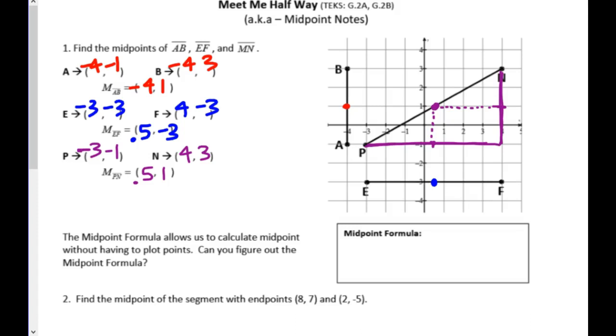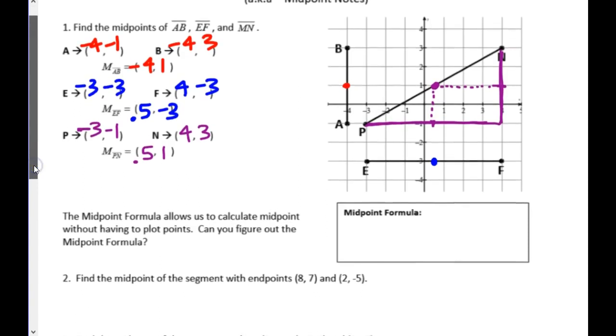So, ladies and gentlemen, that's just visually finding a midpoint, but you don't always have the luxury of a graph, though you could always graph your own. Sometimes you're just given the points in a sentence, okay, like you'll see on number 2. So before we get to number 2, we need what's called the midpoint formula. So let's go ahead and write the midpoint formula over here, okay?